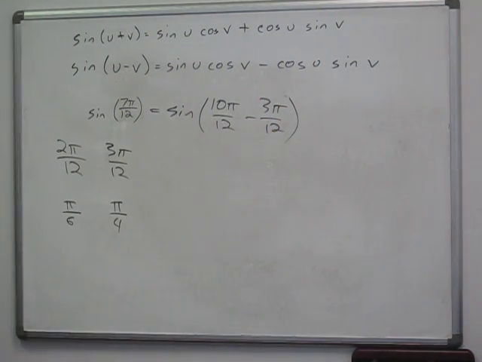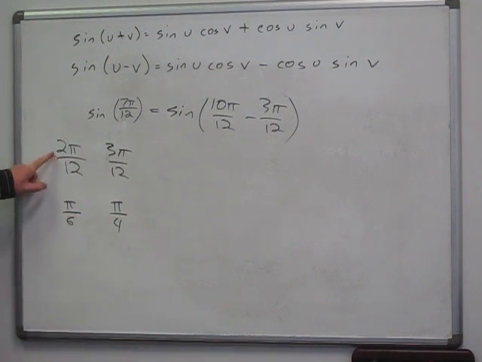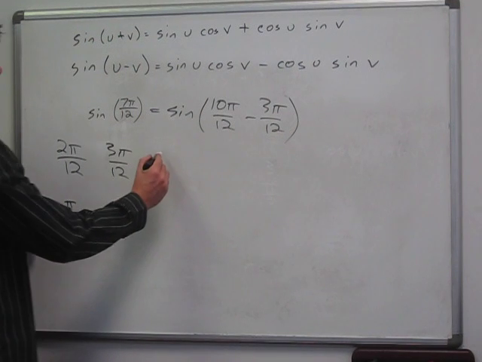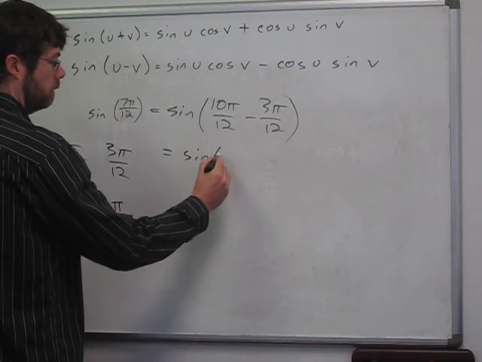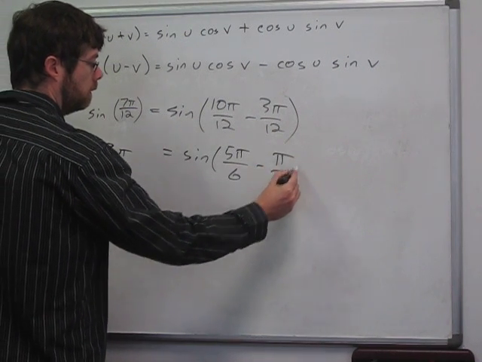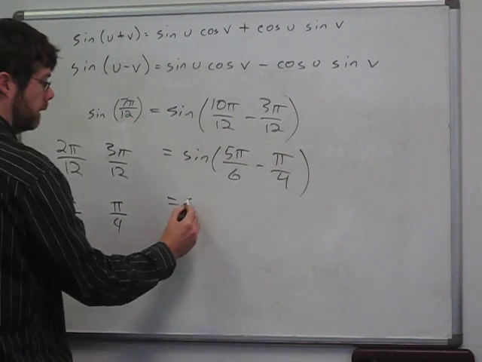And that's a nice thing to do because 3 pi over 12 is pi over 4. 10 pi over 12 is a multiple of 2 pi over 12, right? It's 5 times this, so it's going to be 5 pi over 6. Okay, so now I can use my angle difference formula.